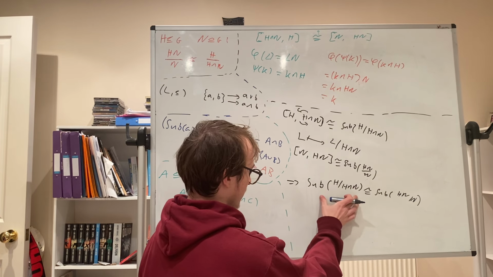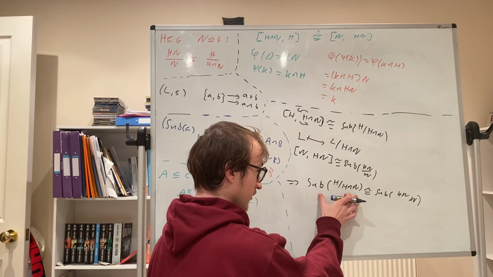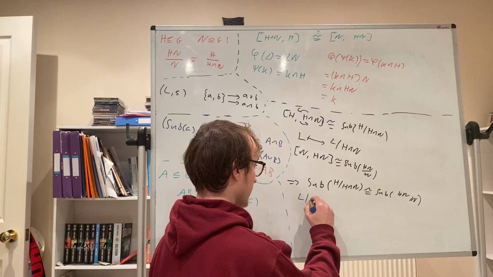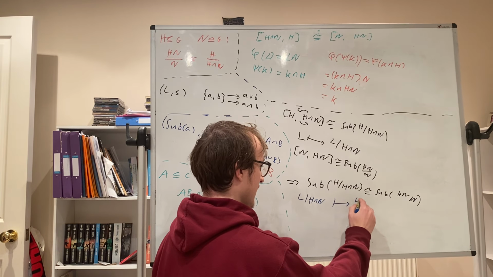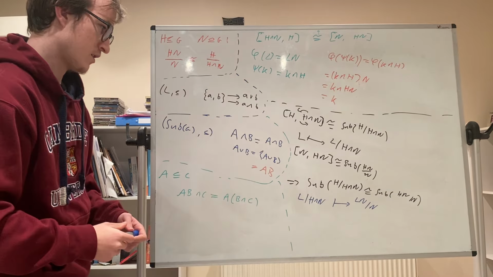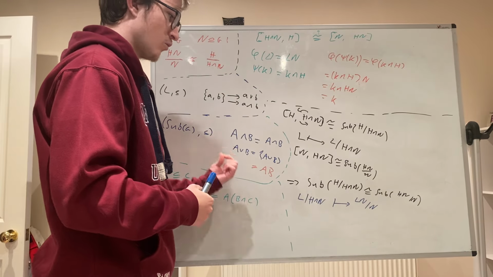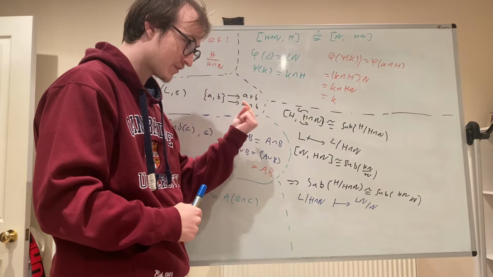So we take some subgroup which looks like L mod H intersect N, and we just send that to LN mod N, like this. Okay, good. Why is this good? Well, this can be seen.